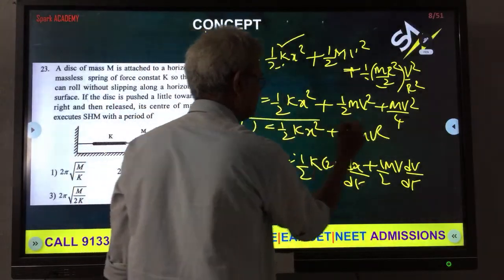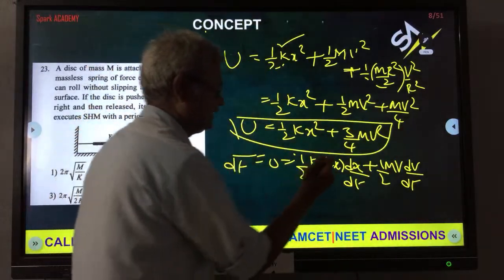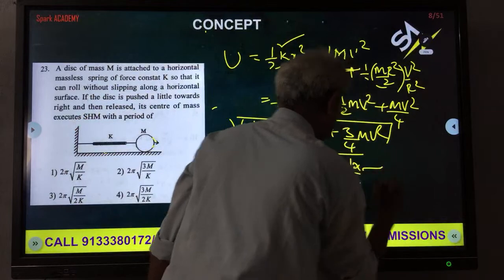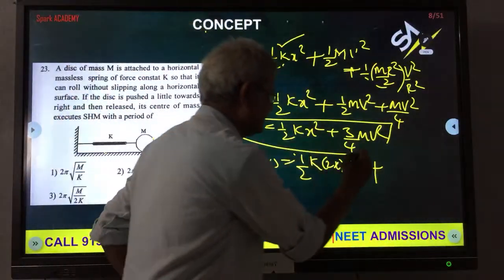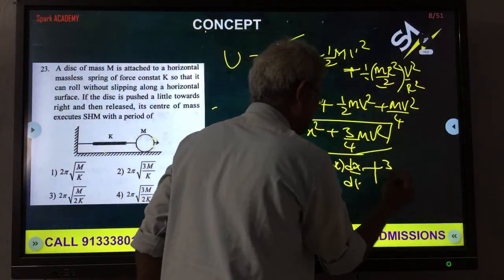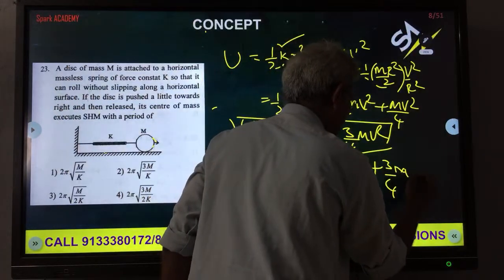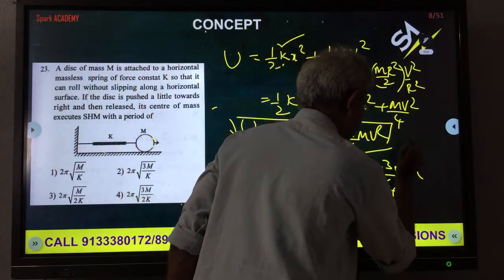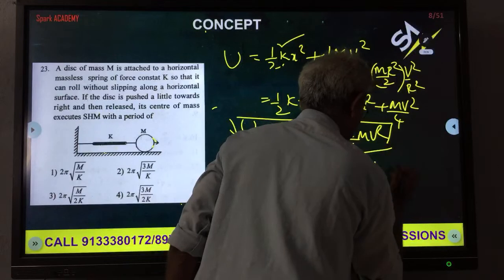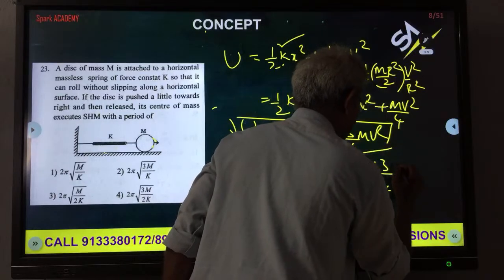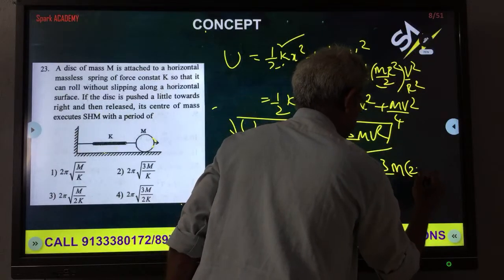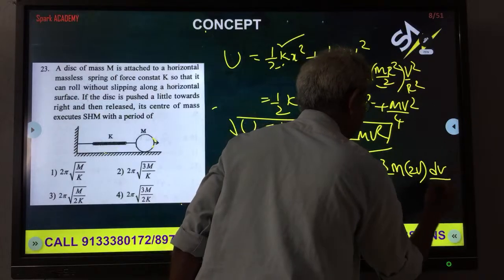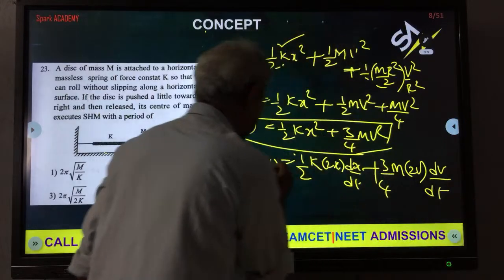This is the total energy, which we have to differentiate. So 3 by 4 m into 2v into dv by dt, and this entire thing is equal to 0.